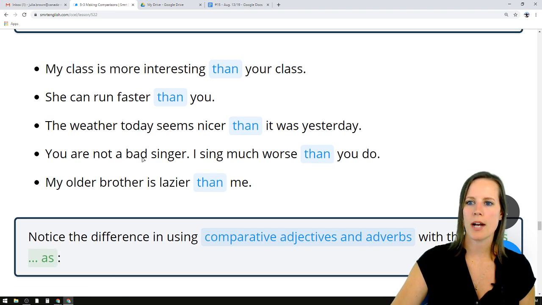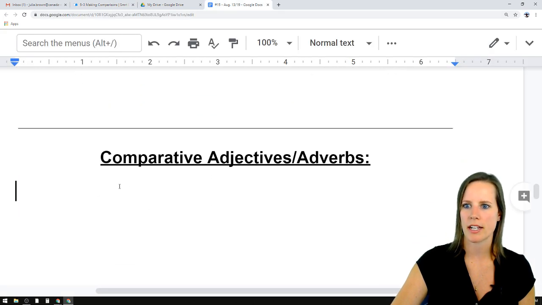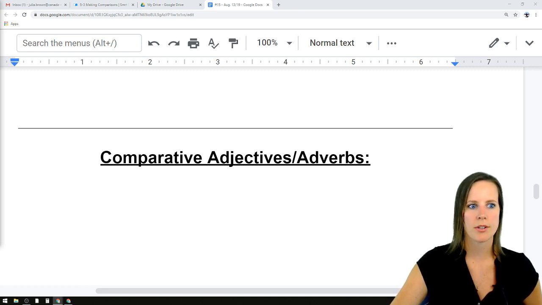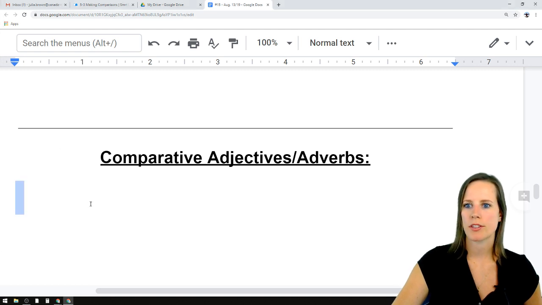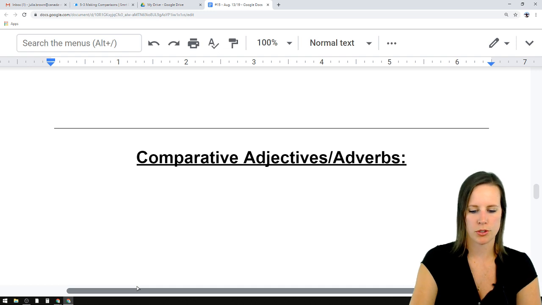Okay, so let's put some more examples on our document. Okay, so comparative. Let's go ahead and I'll give you an adjective and I want you to think of a sentence. Okay, so let's see. I'll give you, how about, we'll just do interesting.